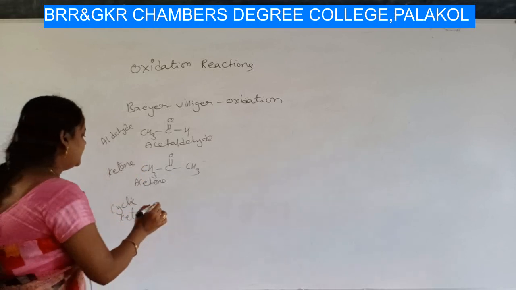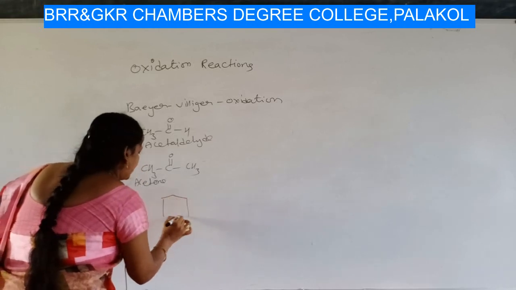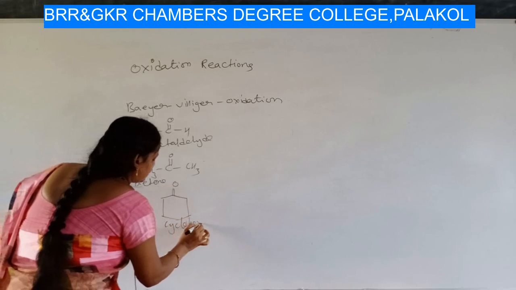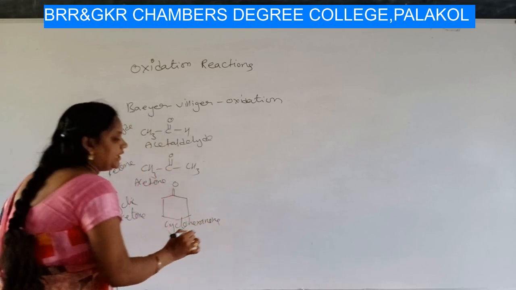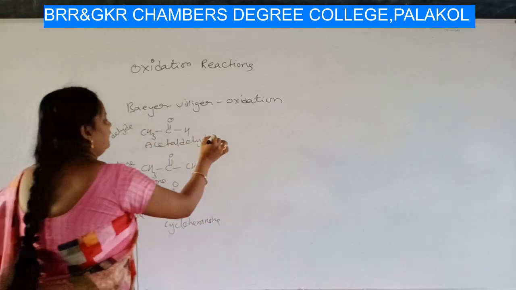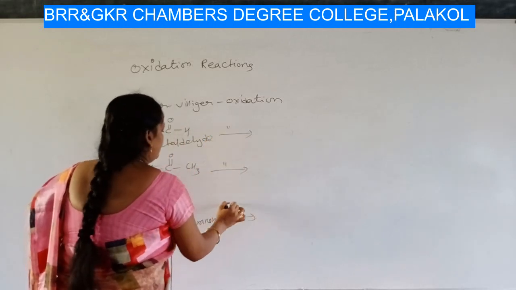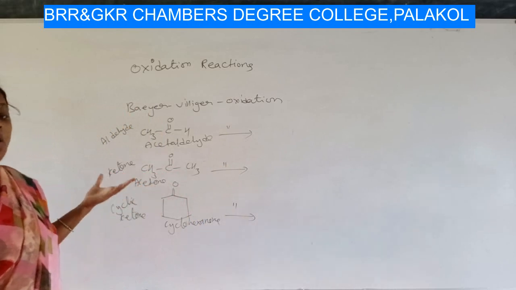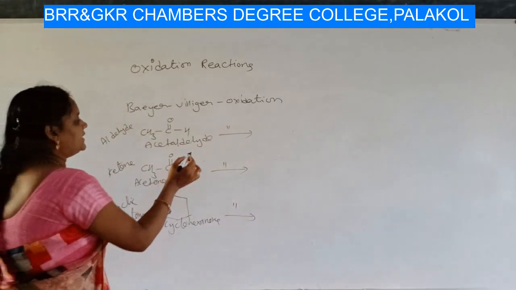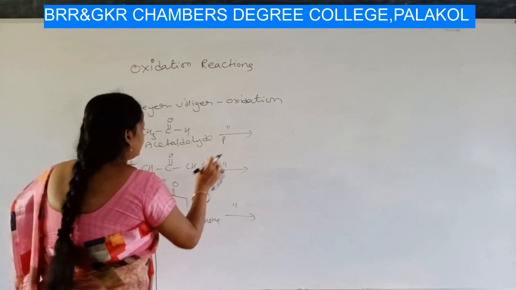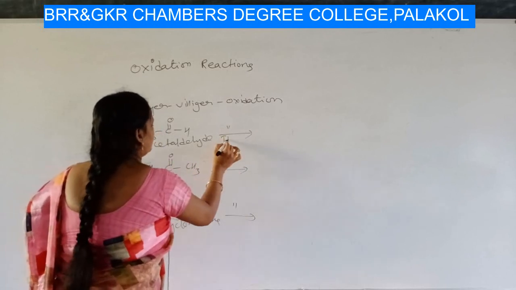Let us take cyclohexanone. What is the name of this compound, students? Cyclohexanone. If it undergoes Baeyer-Villiger oxidation, what reagents do we use? Perbenzoic acid, per-acetic acid, or trifluoroacetic acid.